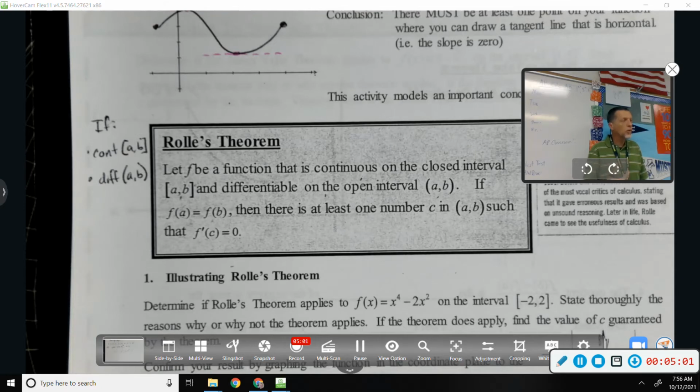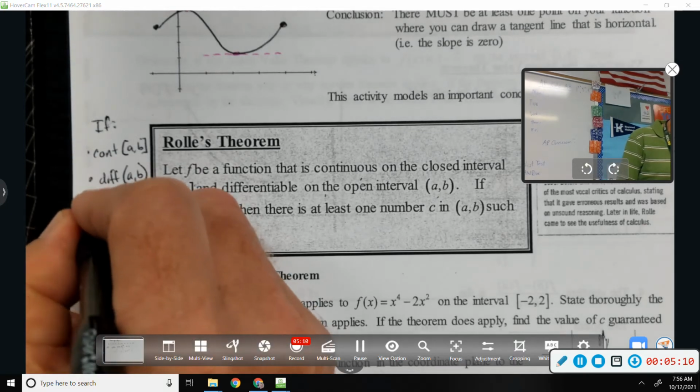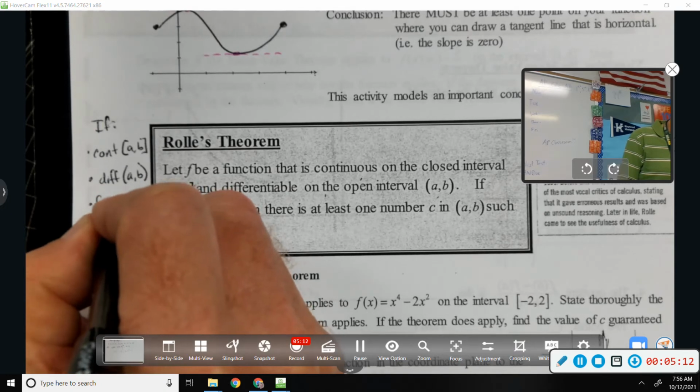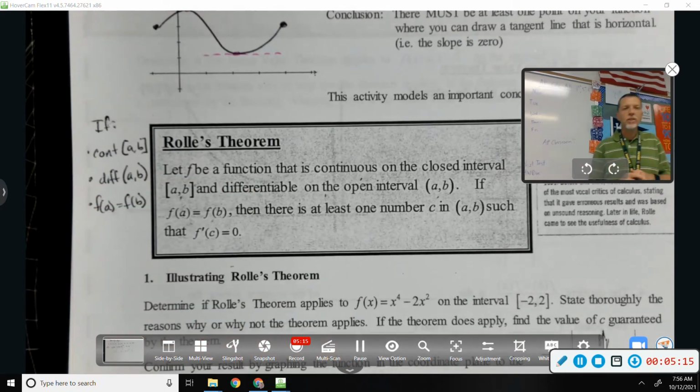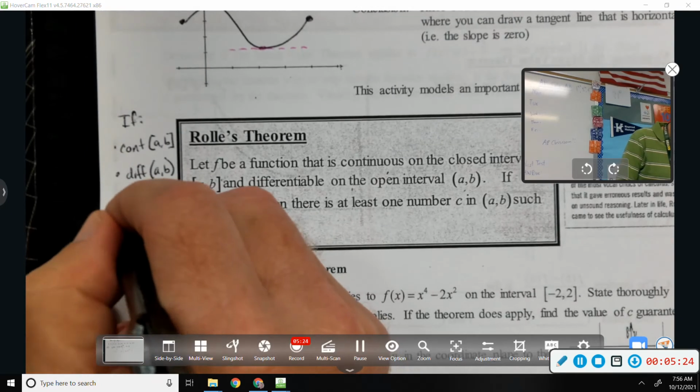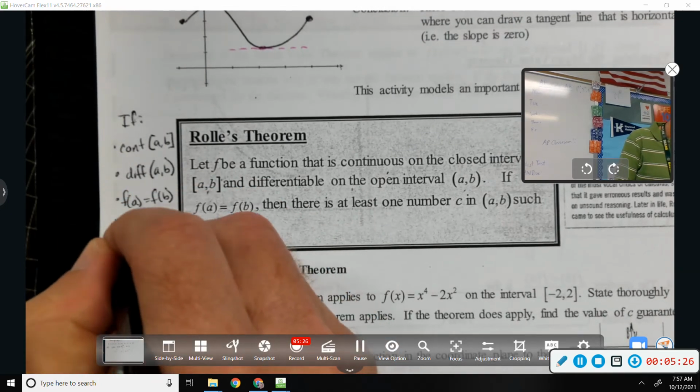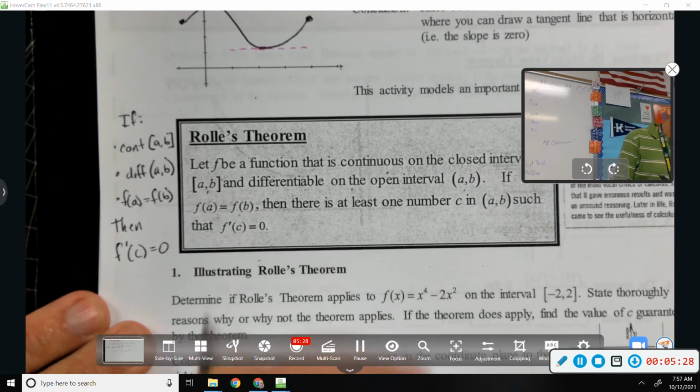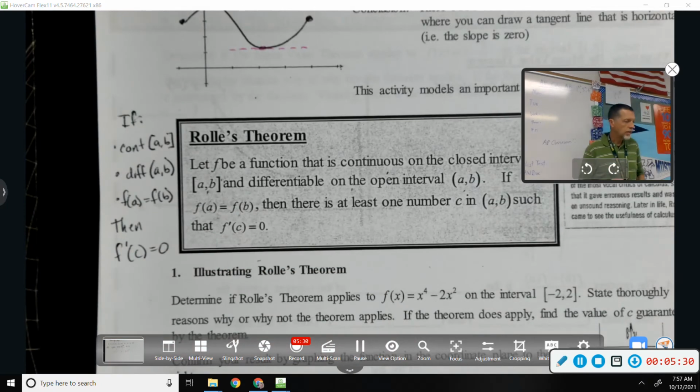There are going to be more theorems we learn, but it's always going to be continuous on the closed, differentiable on the open. And then lastly, if f of a equals f of b, so if the two y values are the same. If you meet those three criteria, then somewhere the derivative is 0. F prime of c equals 0.